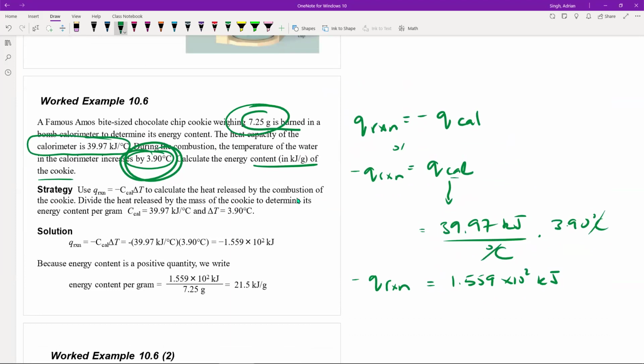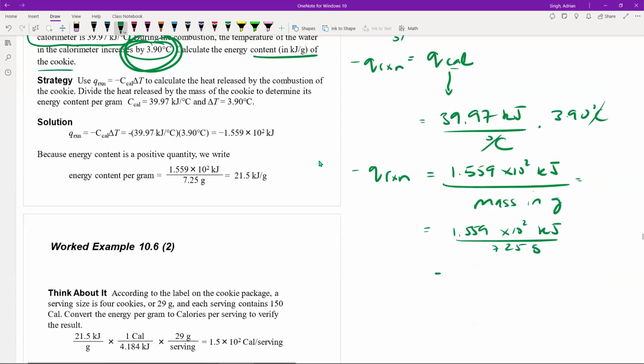In order to get the energy content in kilojoules per gram, we need to divide this by the mass in grams, which was given as 7.25. So we take 1.559 times 10 to the 2 kilojoules, divide by the 7.25 grams, and we end up with 21.5 kilojoules per gram for that particular chocolate chip cookie.